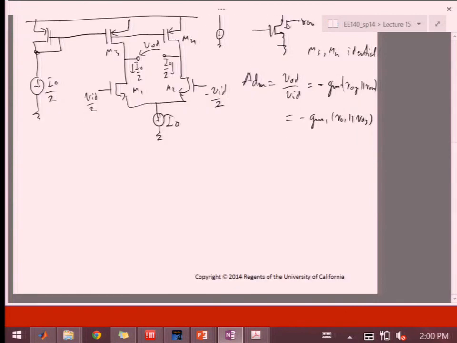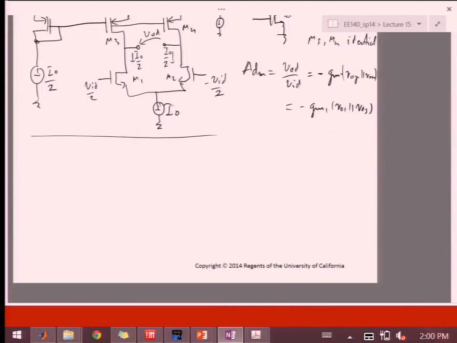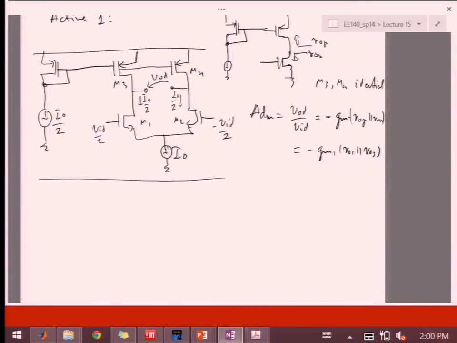So what you would want to do is go to something more like a self-biased concept that we talked about earlier in biases. I'd like to have just one source and not have to rely on the second one providing the bias matching. So anybody have an idea how I can do that? What did we do when we did the self-biasing?